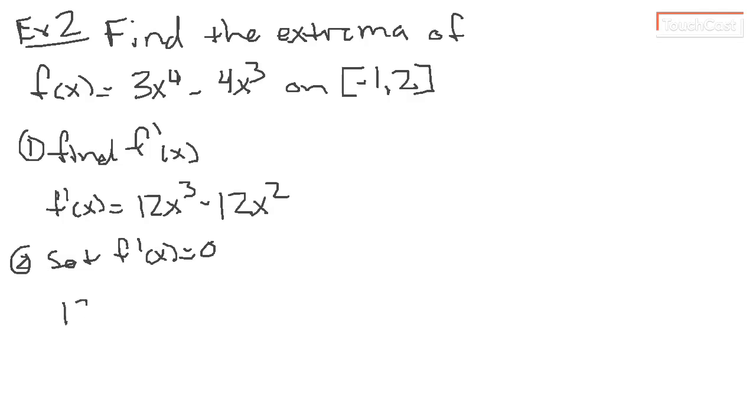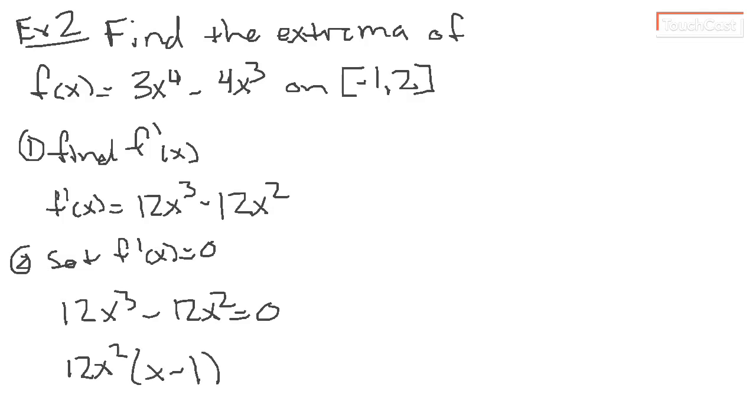So we're going to go 12x cubed minus 12x squared equals 0. And to solve this for x, I notice there's a greatest common factor to both terms, and that's 12x squared. So I'm going to factor 12x squared out, and I'm going to get an x minus 1 equal to 0.